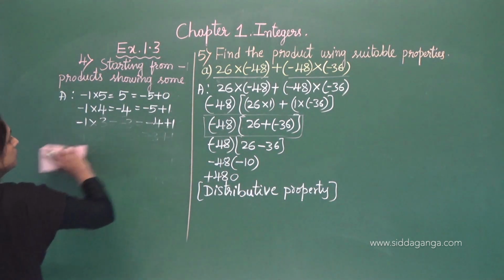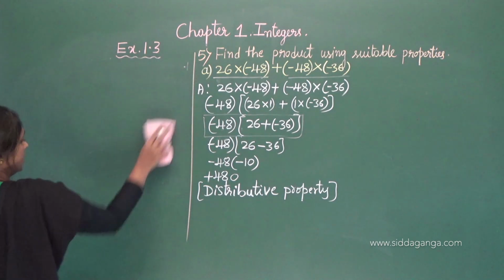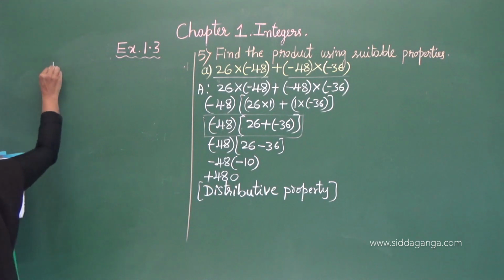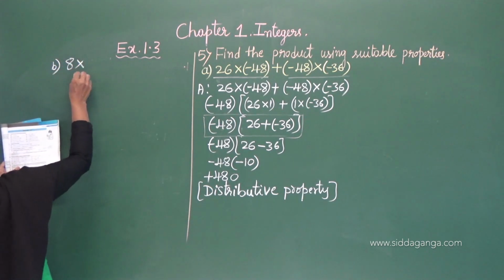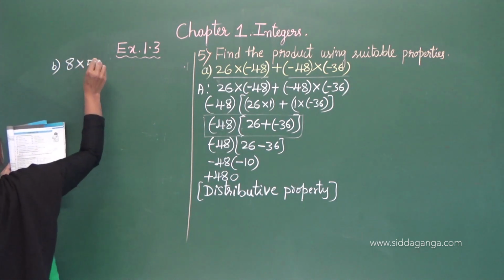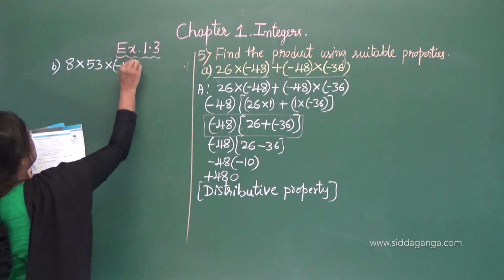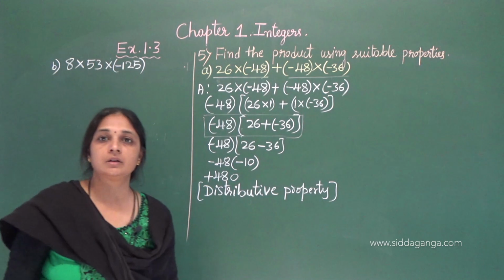Then go to second one. In this second one, I do some problems. 8 into 53 into minus 125. Okay, which is the property?